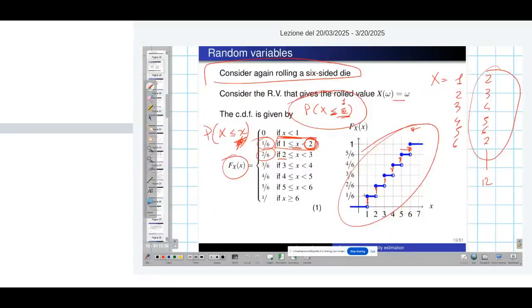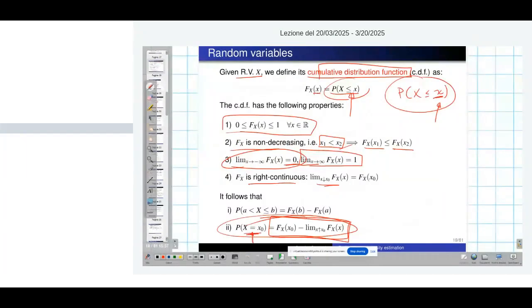But we have seen that for this probability for a specific value to be different than 0, the cumulative distribution must be discontinuous, because the probability that the random variable takes the value x0 is the value of the cumulative in x0 minus the limit from the left of the cumulative distribution function. So for this to be different than 0 at x0, it means that the cumulative function is discontinuous in x0.